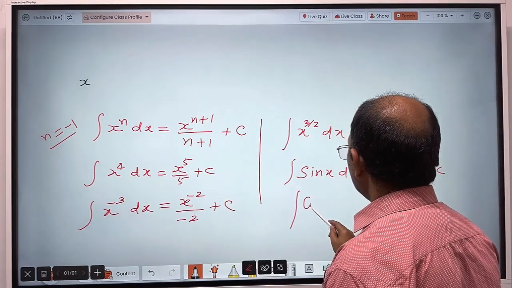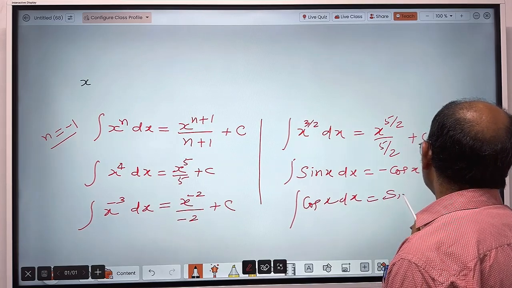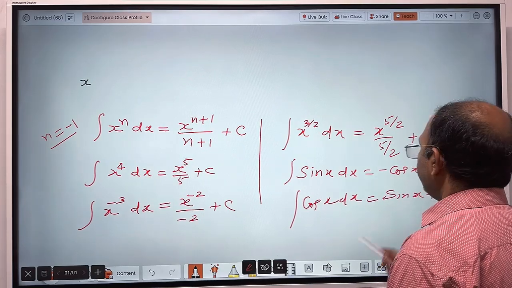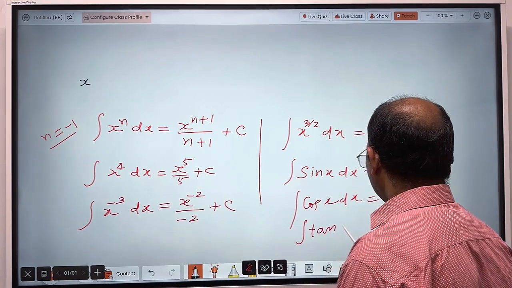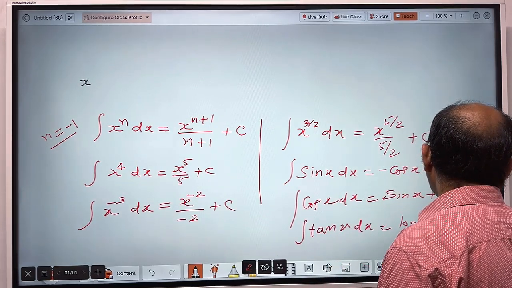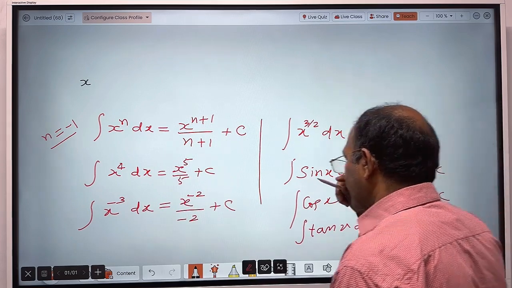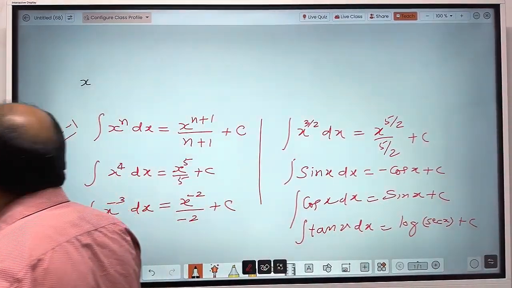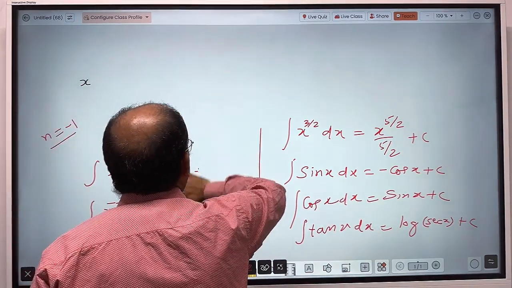Similarly, integration of cos x dx will give sine x plus c. Integration of tan x dx will give log sec x plus c. Similarly, other trigonometric ratios can be integrated.